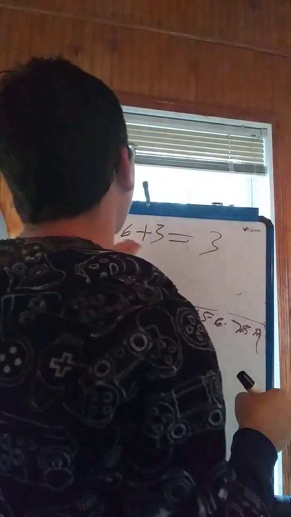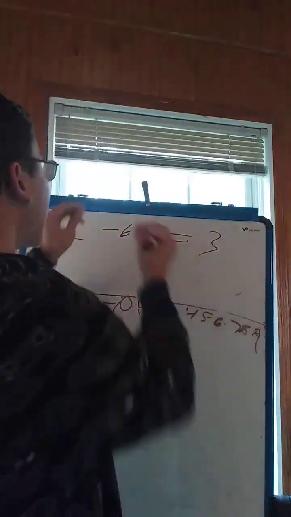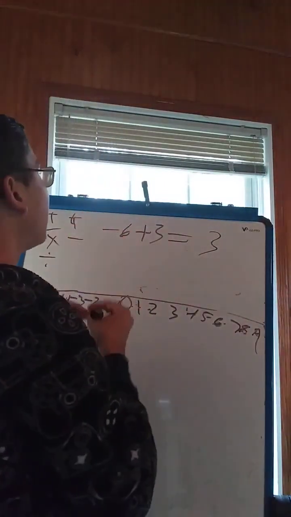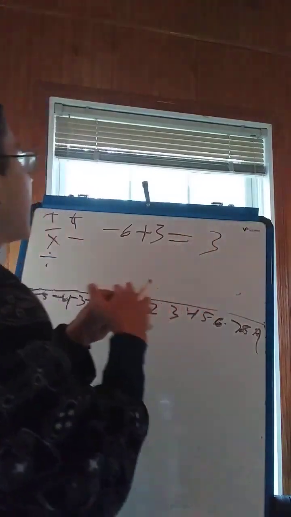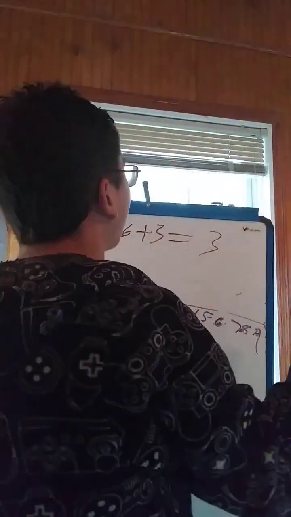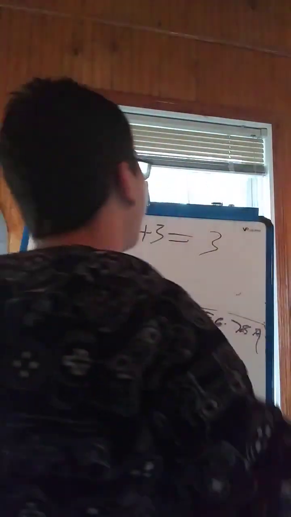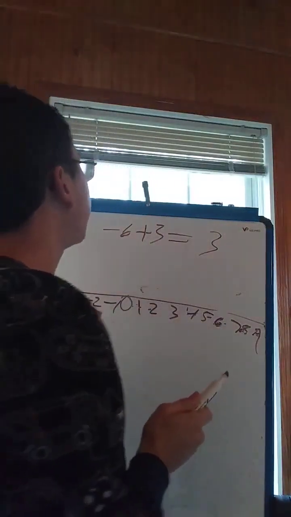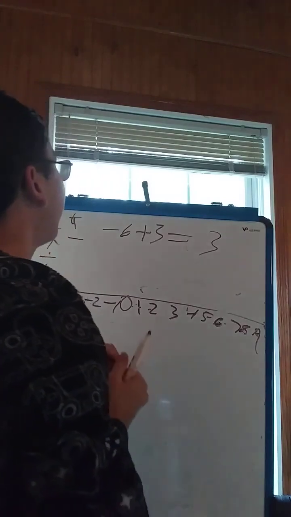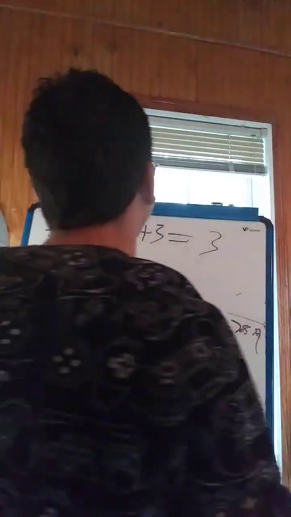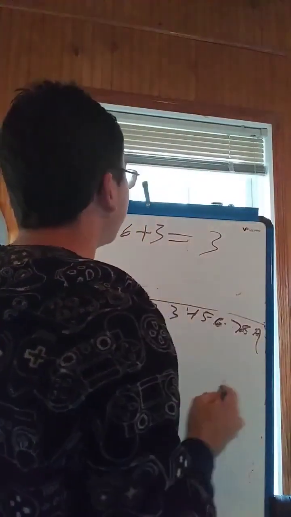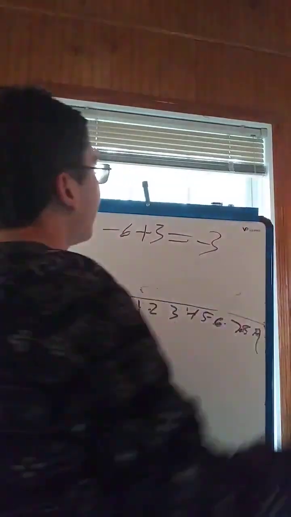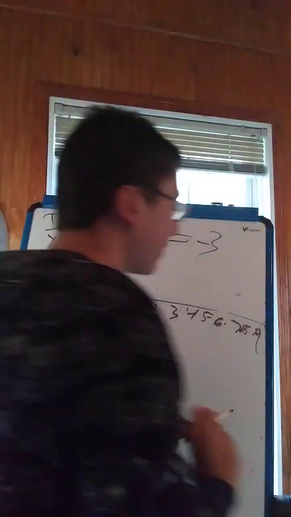Just think generally. Pretend that there's no negative sign here. Without the integers, 6 is a bigger number than 3, obviously. So we would use the sign of the generally bigger number, which is a negative sign. So our answer would be negative 3. Just as simple as that.